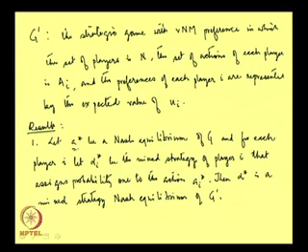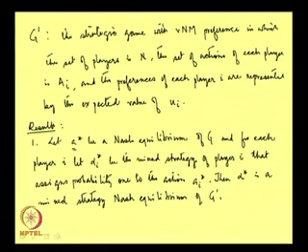Now, we construct a mixed strategy for each player. Suppose for player I, this mixed strategy is called alpha I star. In that mixed strategy, this action AI star has probability 1, which means that the other actions of player I have probability 0.